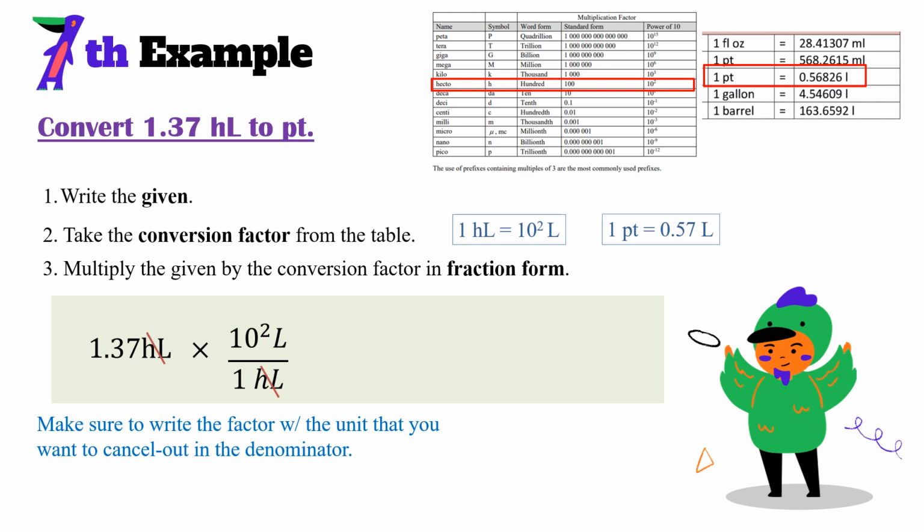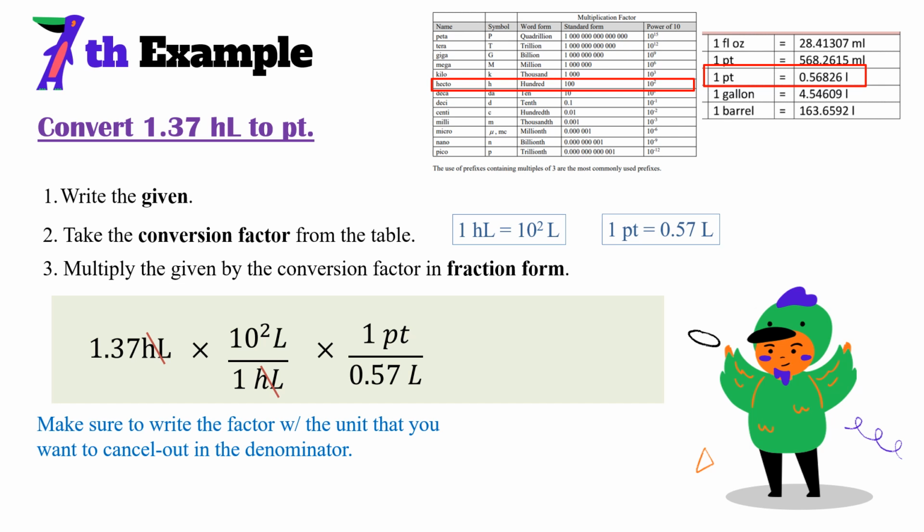Okay, and then we'll proceed with your second conversion factor, that's 1 pint equivalent to 0.57 liter. Now our goal now here is to cancel out liter. Okay, so you multiply 1 pint over 0.57 liter.